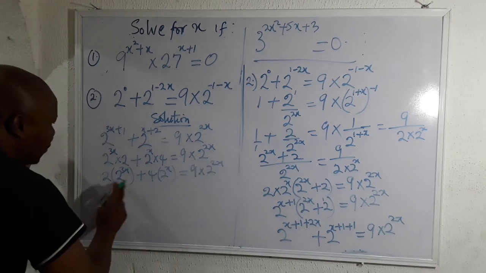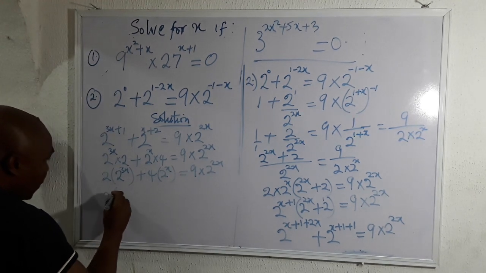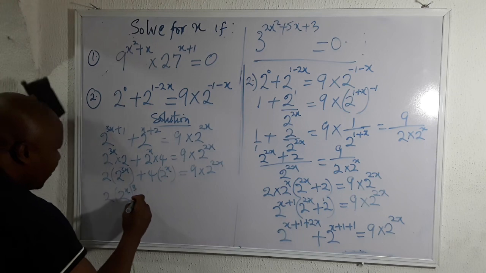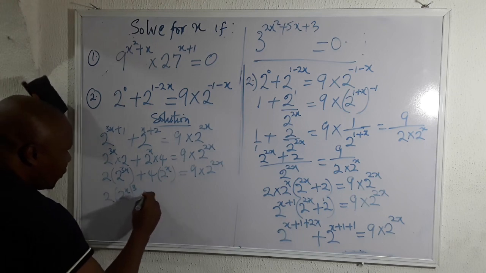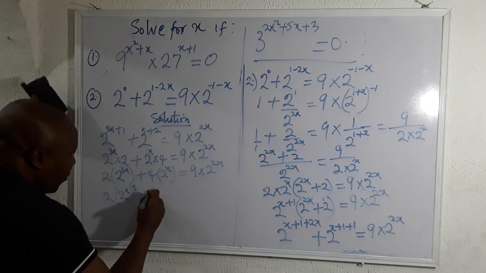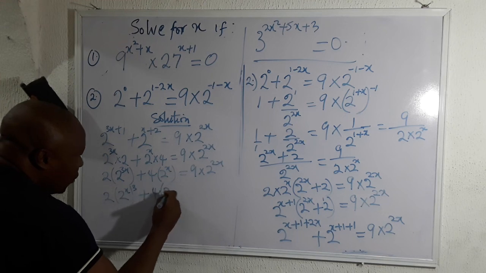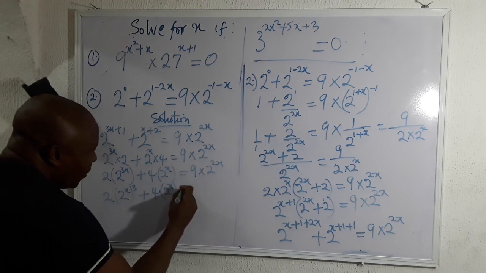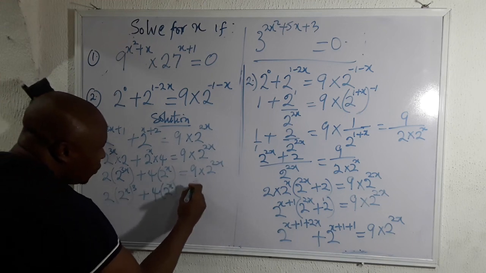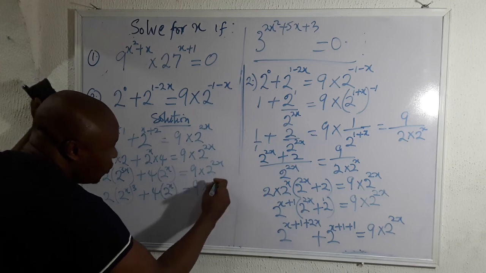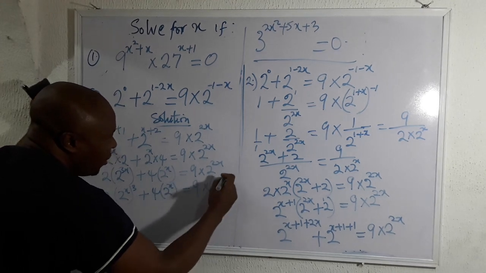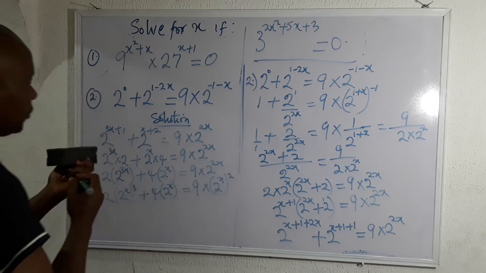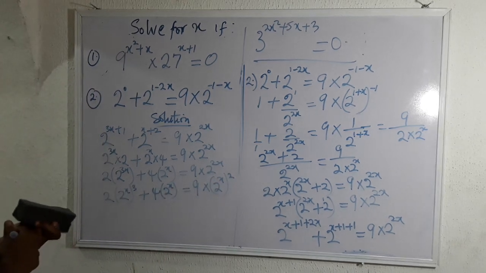Now we can rewrite these as 2 into 2 raised to the power x, in bracket 3, plus 4 into 2^x, and that will be equal to 9 times 2 raised to the power x, all raised to the power 2.